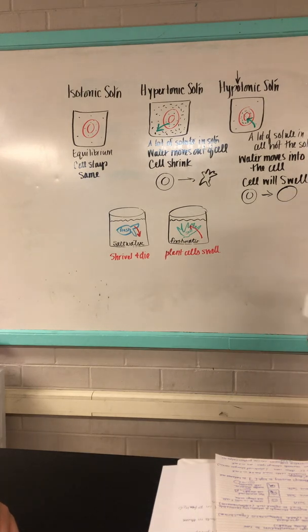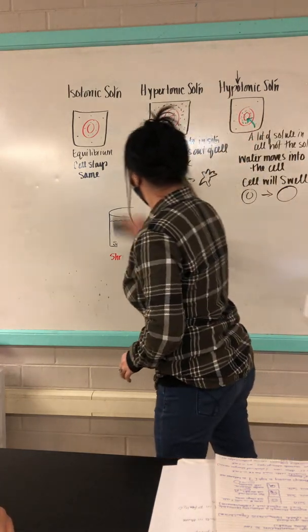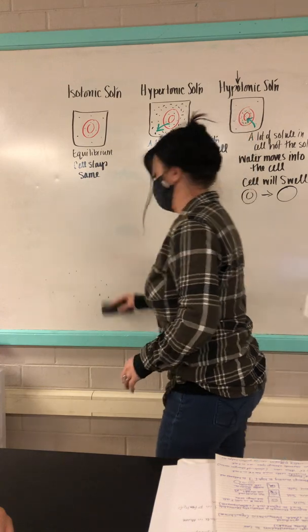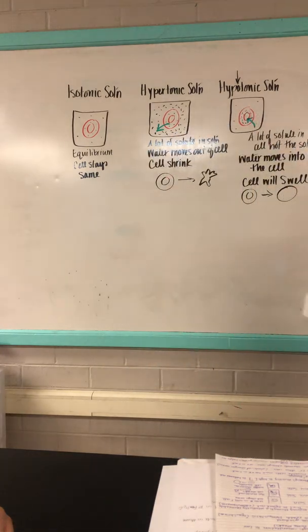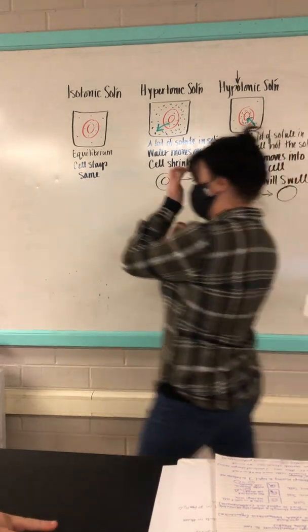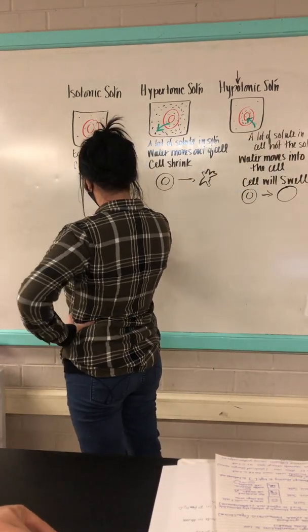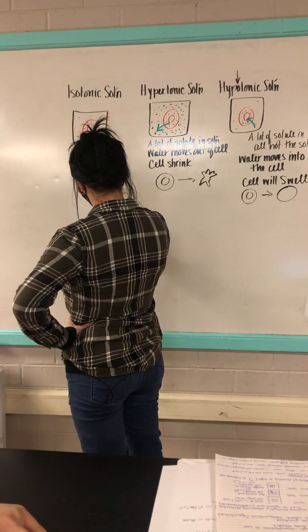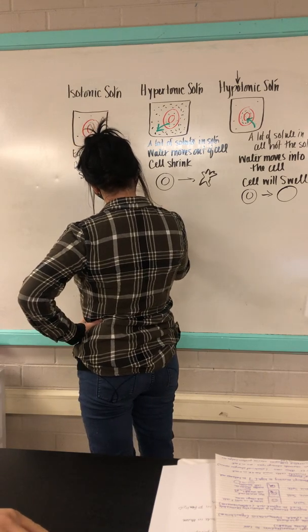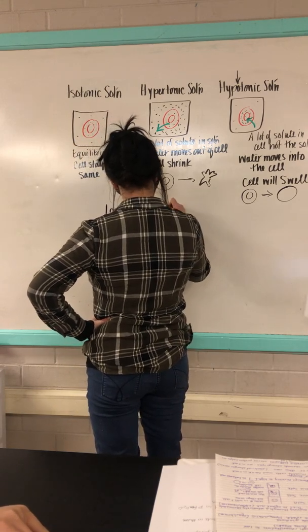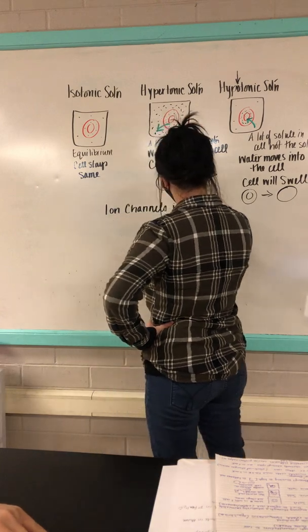All right, a couple more things just to mention, and I think they went over it in the video. There are other ways to move in and out. There are ion channels in the cell membrane.